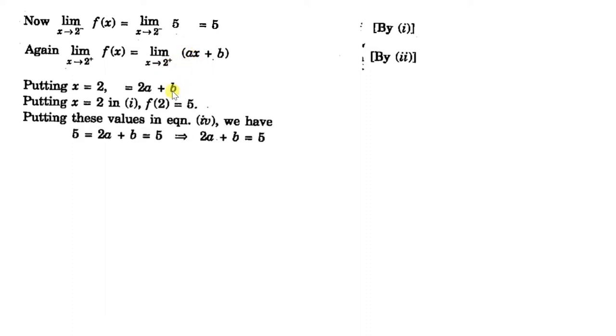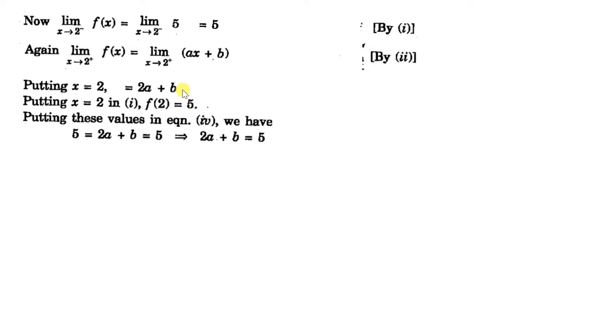Now on the right of 2 the function is defined as ax plus b. So when we find the right hand limit, f(x) will be replaced by ax plus b. Now put x equal to 2 here, you will get 2a plus b. So the right hand limit of the function is 2a plus b, and the value of the function at 2 is also given equal to 5, that is f(2) is equal to 5.